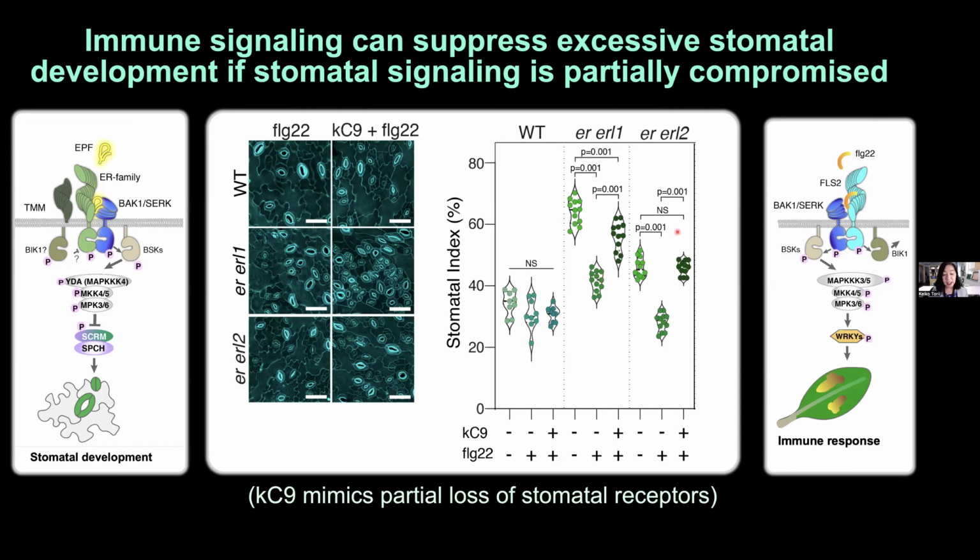So this indicates that it's not a weird phenomenon because of the small molecule KC9, but if some of the receptor kinases for stomatal development are missing, then the immune pathway can interrogate to repress the number of stomata, or activate the signal to repress the number of stomata. So KC9 is simply mimicking the partial loss of stomatal receptors.